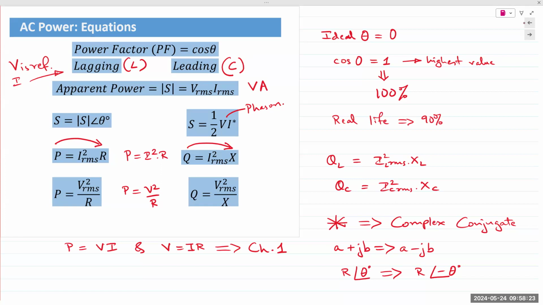Yes, Monday is a holiday, sorry, that's a good point. So we'll be meeting Tuesday and Wednesday. Quiz on Tuesday as normal, because Tuesday follows a Monday schedule. So that'll be quiz 8. And the following week, the last week of classes, we will have quiz 9, which is AC power. And I will not ask AC power on the final exam.